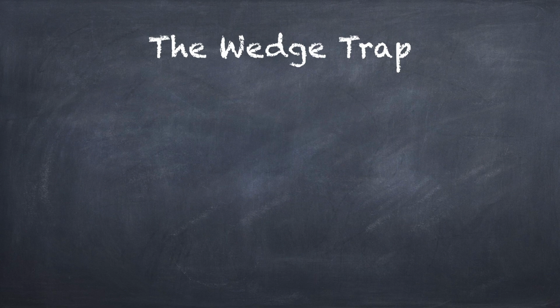So instead of trapping volume in one direction like we just saw, the wedge trap is doing the same thing, but it's trapping traders on both sides. It's really, really ridiculous how they do this. So let's take a look at an example of what this looks like.